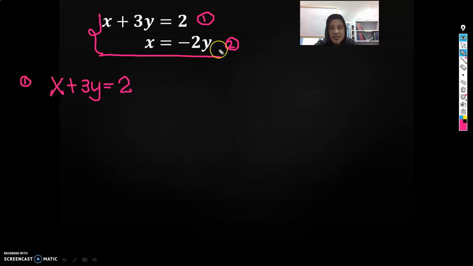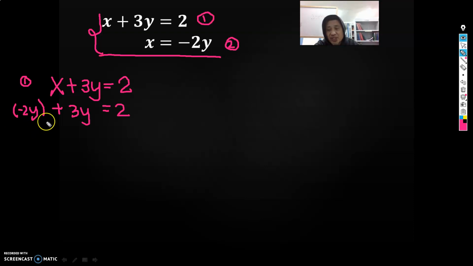Sabi dito, equation number 2 is x is equals to negative 2y. So, itong x na to, papalitan natin ng negative 2y plus 3y equals 2. Okay, so pinalitan natin ng negative 2y.